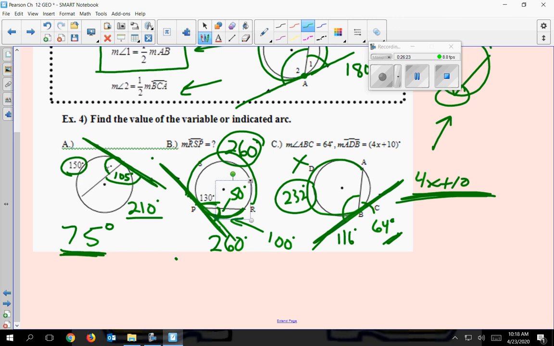Okay, so what I'm going to do is take that and set it equal to 232. Okay, so I'll let you guys go ahead and solve that.